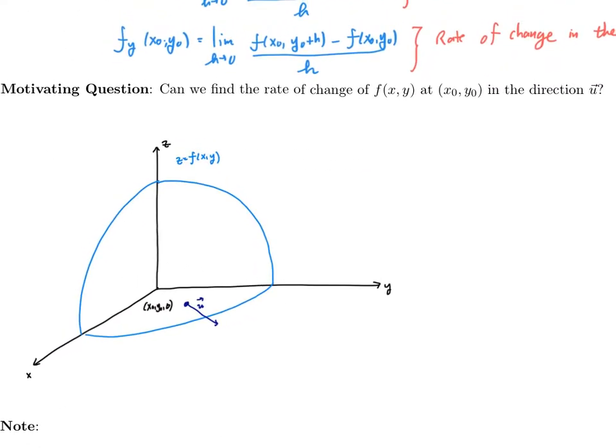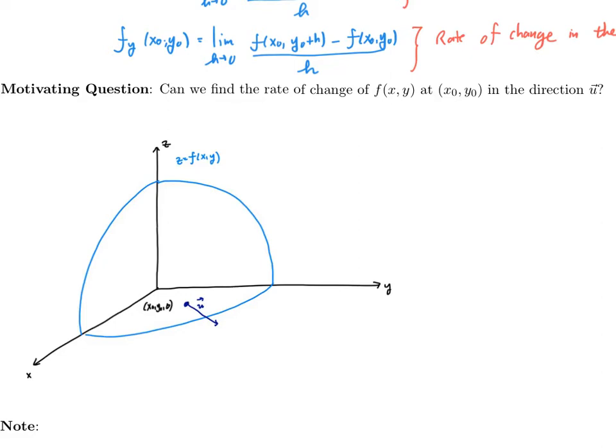And let's see if we can illustrate this rate of change in a picture. So we're thinking in blue, we have our surface z equals f of x, y, and we want to know if we're at the point x naught and we travel in the direction of this vector u, how does our function change? So similar to what we did with a partial with respect to x or a partial with respect to y when we interpreted them, we're going to draw a plane that cuts the xy plane at u and see where it intersects the surface.